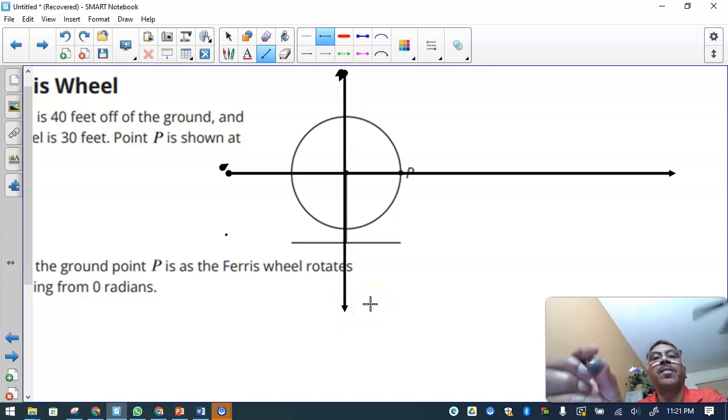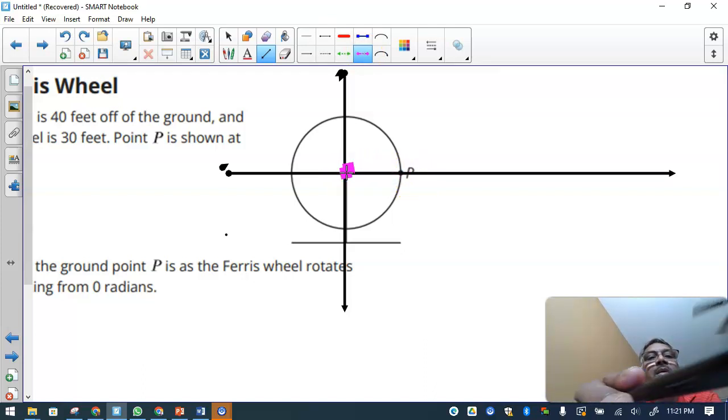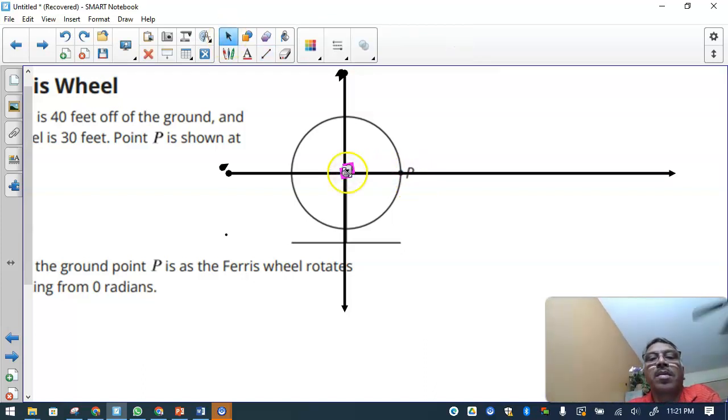So the question is asked. The first question is what if this P goes around. This is P, right? Now this P rotates, the Ferris wheel is rotating. So he's asking at what height is the point P when it is pi by 12.